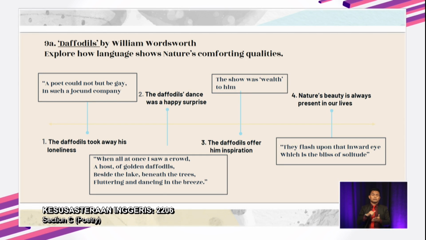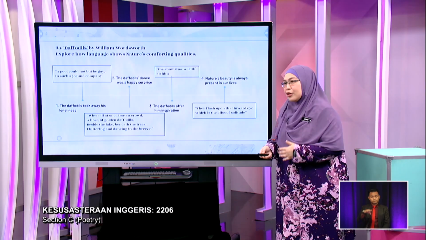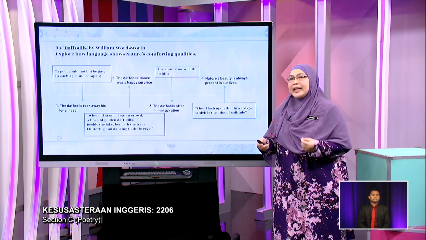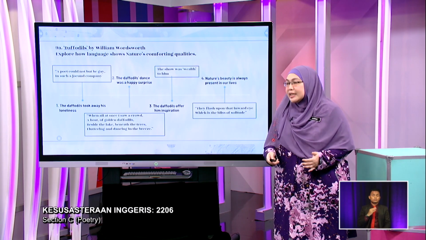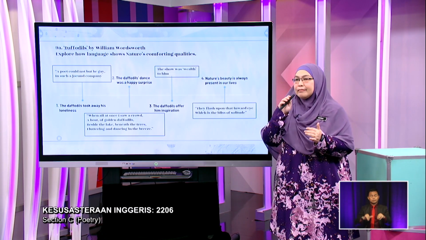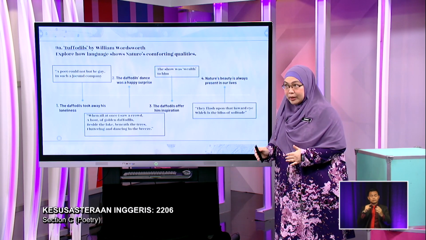And upon deciding on these 4 points, all right, I would identify the pieces of evidence that supports my 4 content points. So I could have a candidate answer this task by outlining the 4 points.